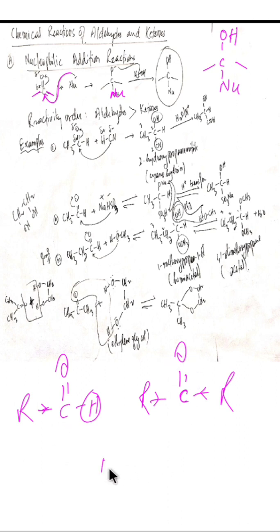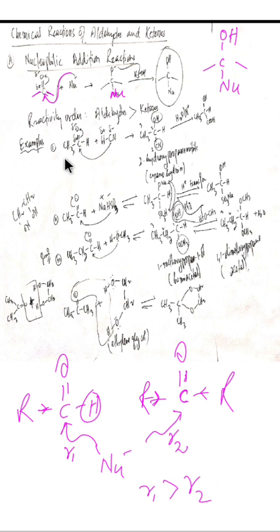Nucleophile would easily attack that carbon atom which has more deficiency of electron. But here, since 2 alkyl groups give their electrons to this carbon atom due to plus I effect, this carbon atom will be less electrophilic. This carbon of aldehyde is more electrophilic, so the nucleophile would like to attack this aldehyde rather than this ketone. Okay, so suppose this is the reactivity R1, this is the reactivity R2, so R1 will be more than R2.